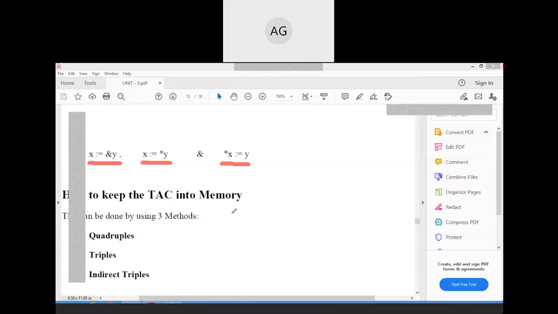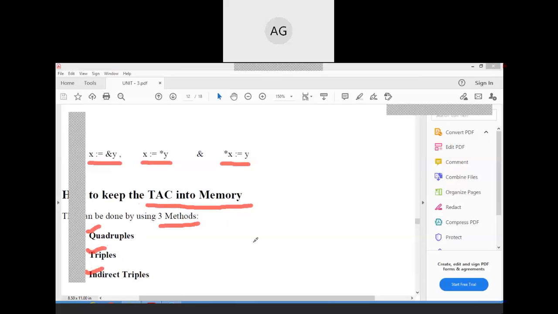Now the important question is how to keep the three address code in memory. We can do this using three methods: first is the quadruple, second is the triple, and the third is the indirect triple.